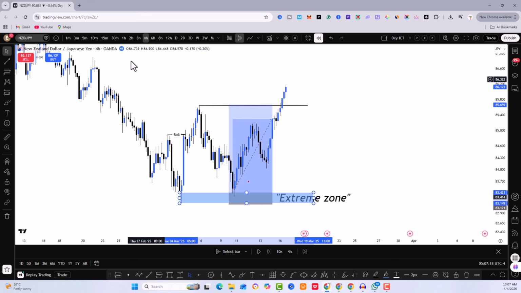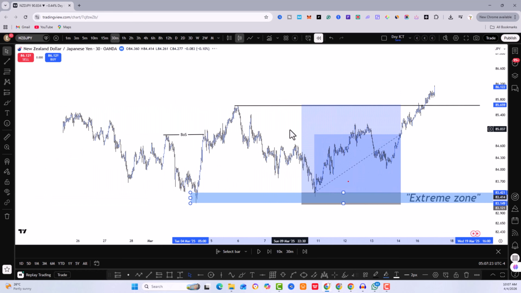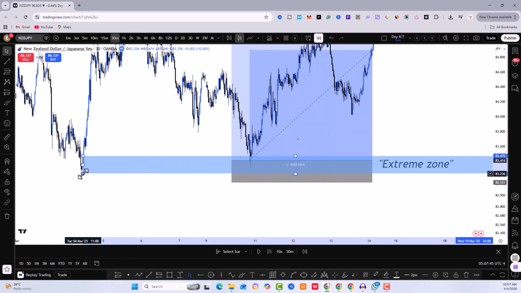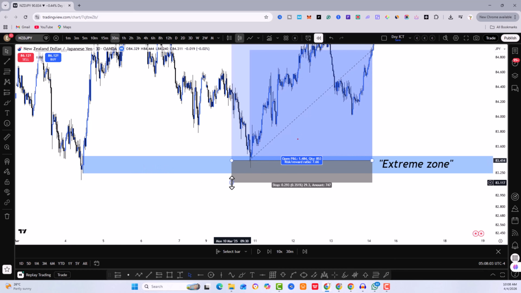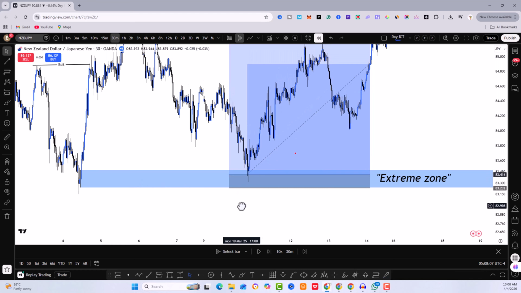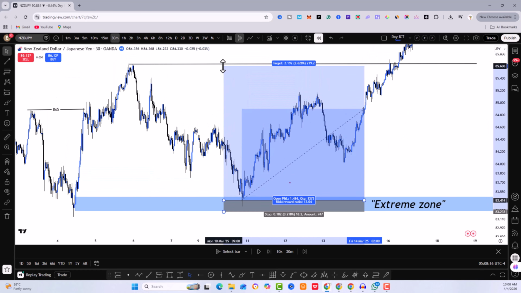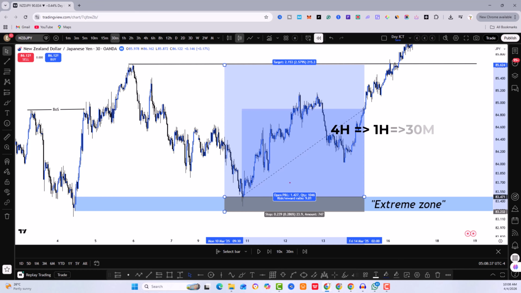Now, while we're here, let's take a look. We're on the 30-minute time frame. If we refined our zone to the 30 instead, we'd have had this area to work with. I'm still a fan of putting stops under the low, so I'd keep that there. But we could have squeezed potentially another little bit of profit out of it and turned this into a 9% trade by following that 2 steps down. 4-hour, 1-hour, then 30-minute.